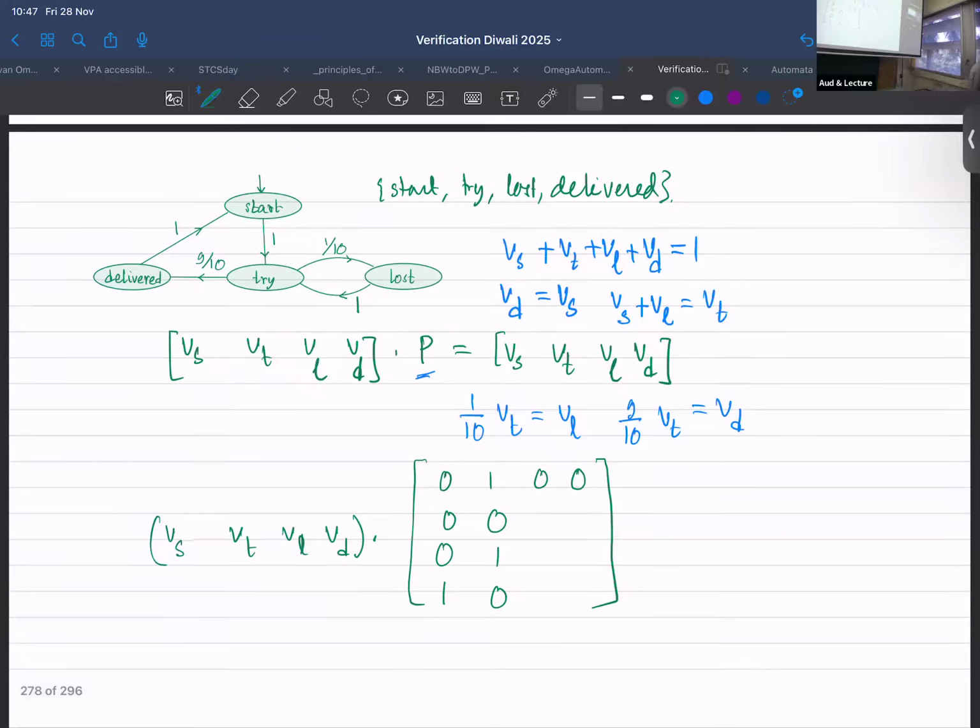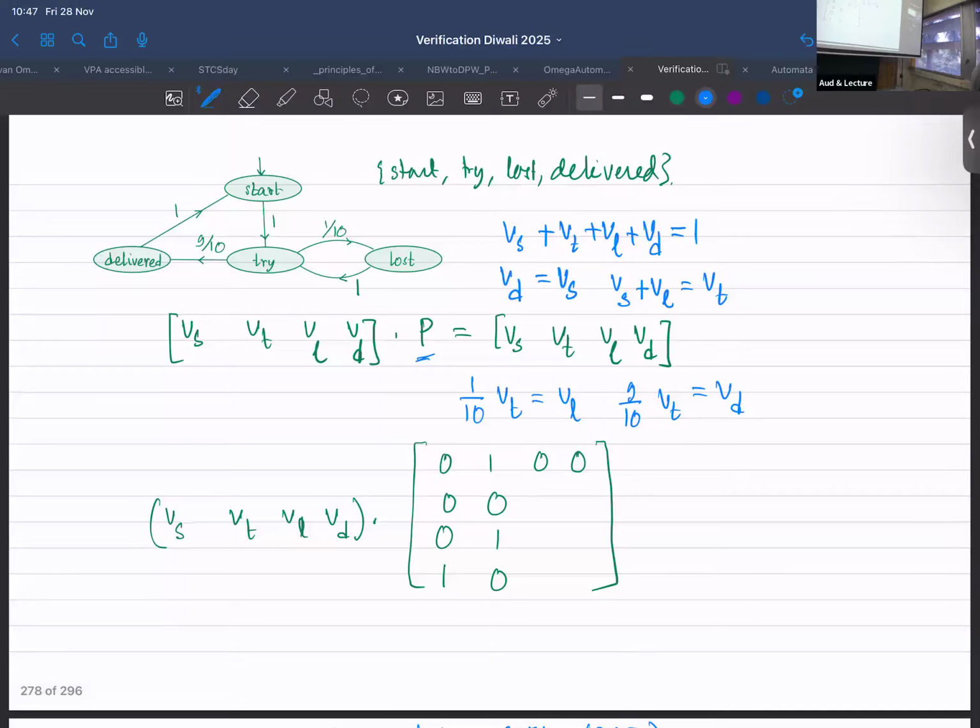So suppose I'm going to compute the Vl. Vl equal to 1 by 10 of Vt, right? So here I will say 1 by 10. And then Vd equal to 9 by 10 Vt. Okay.